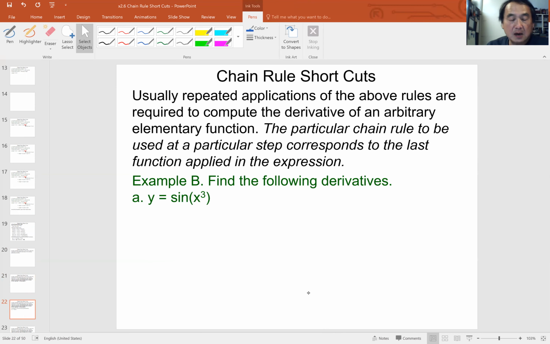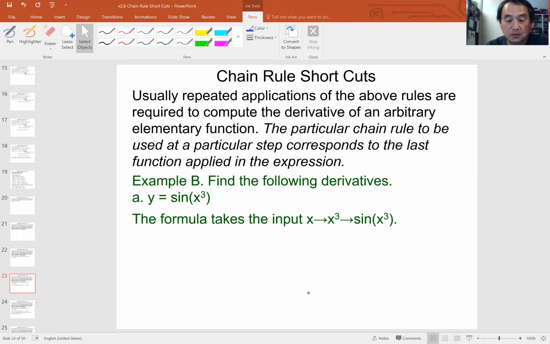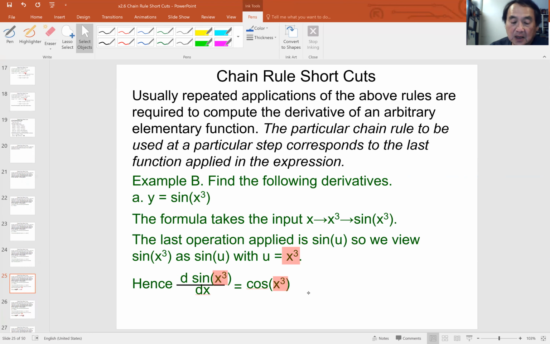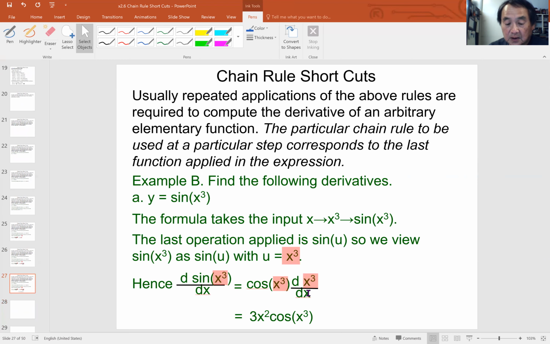So here, if I look at this formula, this is the sine of some formula in x, sine of u, where u is x cubed. Then the derivative of sine of u, where u is x cubed, will be cosine of u times the derivative of u, which is 3x squared.